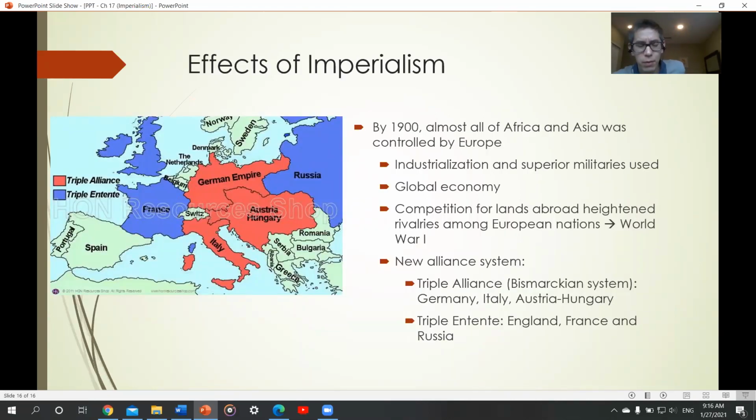And then the last thing that we'll look at, and I'm going to put this up top, is how imperialism leads to an alliance system. By 1900, nearly all of Africa, much of Asia was colonized by Europe. Again, that was because of industrialization. That was because of superior militaries. So this led to a global economy.